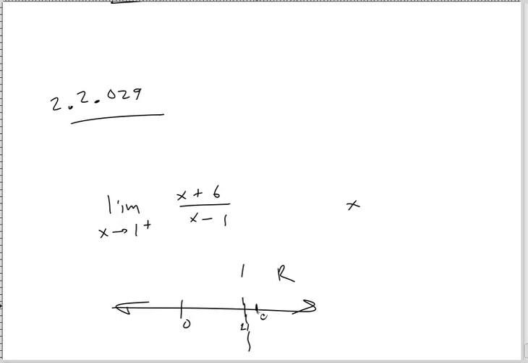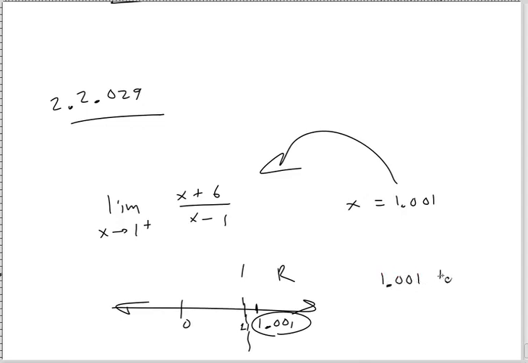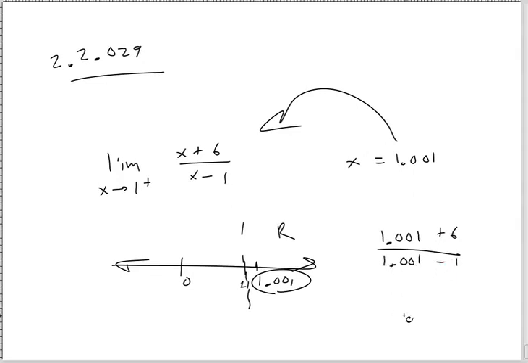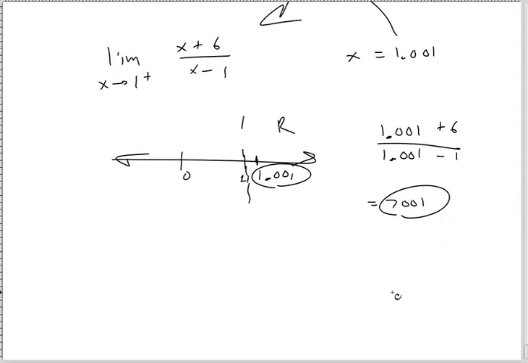So I'm going to choose 1.001. That's good enough. I plug that in, so I do 1.001 plus 6 over 1.001 minus 1. My answer was 7001. Now, this is an interesting thing. 7001 is really high compared to all this stuff here.